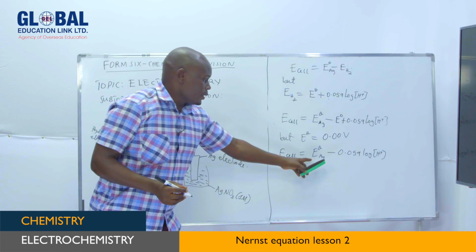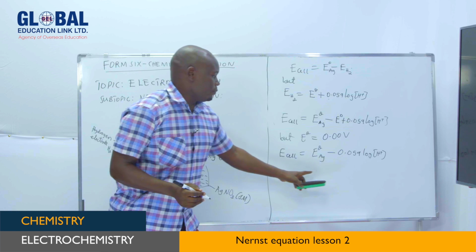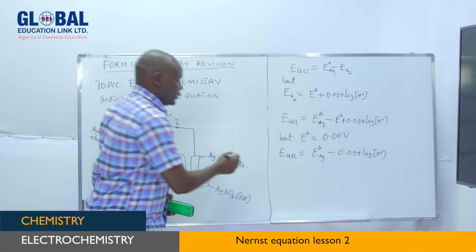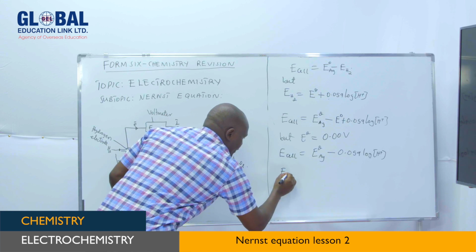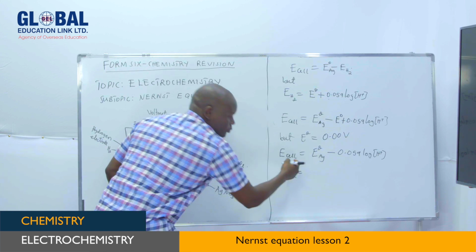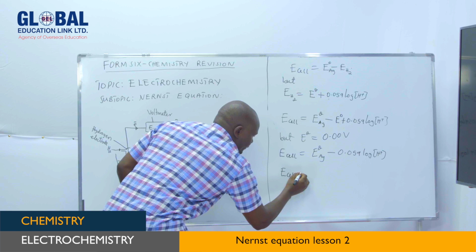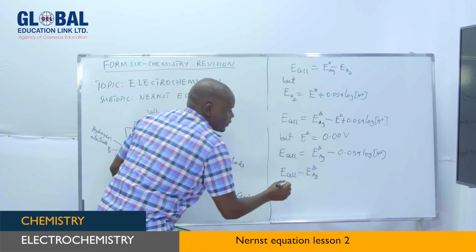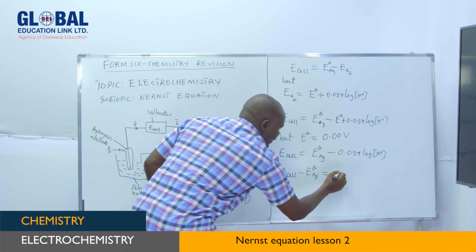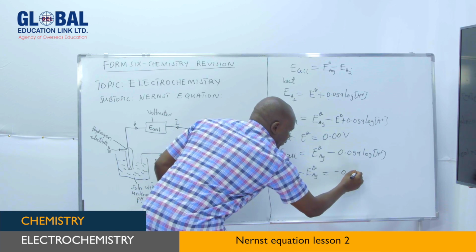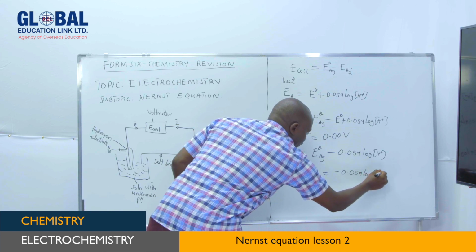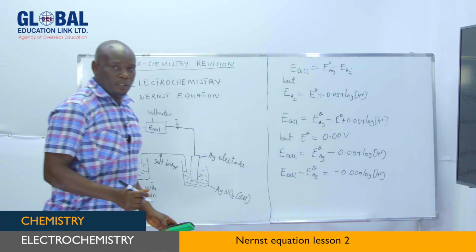Now from that equation, if we make log of concentration of hydrogen the subject, then E of a cell minus standard electrode potential of silver will be equal to negative 0.059 log of concentration of hydrogen ions.